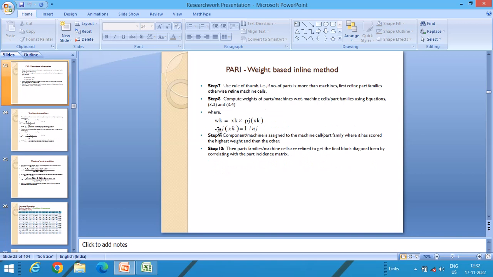Next, in the weight based method, in step 7, we are following a rule of thumb: if the number of parts is more than the number of machines, first we are doing the refining of part families.